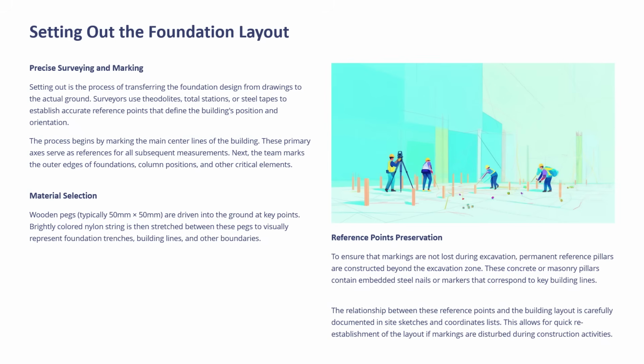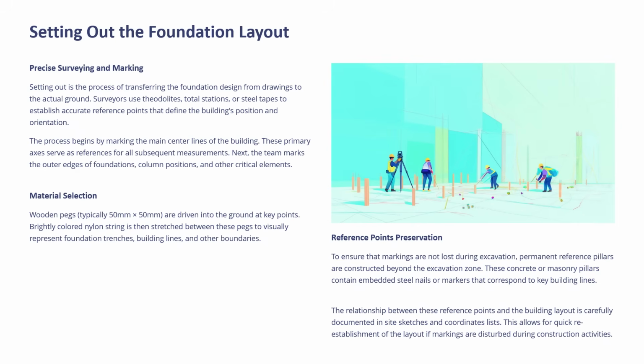The process begins by marking the main center line of the building. These primary lines serve as reference for all subsequent measurements. Next, the team marks the outer edges of the foundation, column positions, and other critical elements.